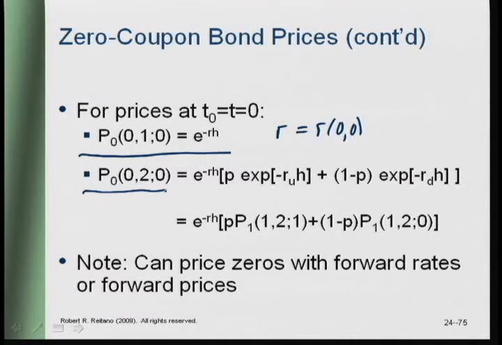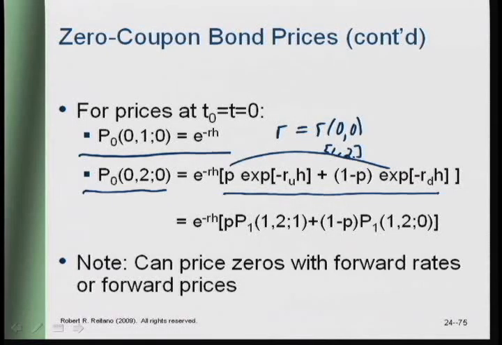Well, the 2-year zero, I have to discount my dollar value over 2 periods. But in the second period, I have 2 interest rates. And what I do is I use a risk-neutral expected value of the prices. What I'm saying is this discounts between time 1 and time 2.